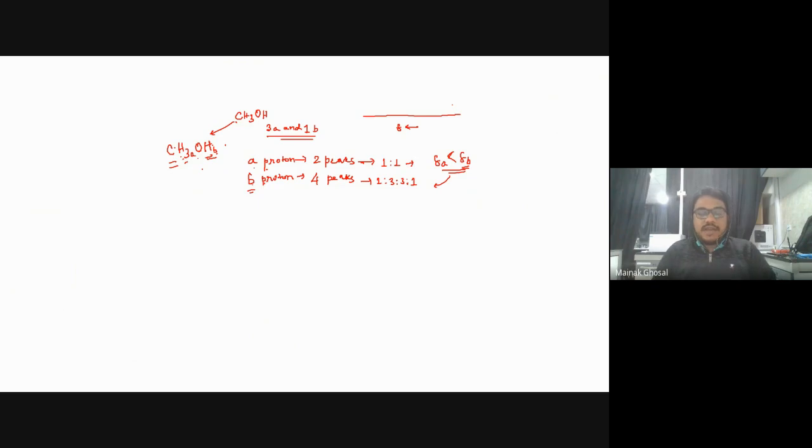Since B proton is attached with oxygen, the electronegativity of oxygen will pull the electron density from B proton, and then B proton will be much more in delta value. So there is a 1:1 peak by 2, and ignore my poor drawing, like this.